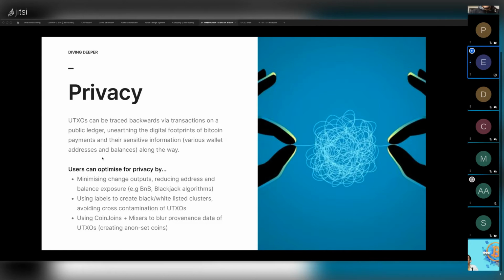So trying to come up with ways to optimize by privacy. One way is obviously minimizing your change outputs. If there's no change, it's harder to trace back to a change address, which then has that balance on it.